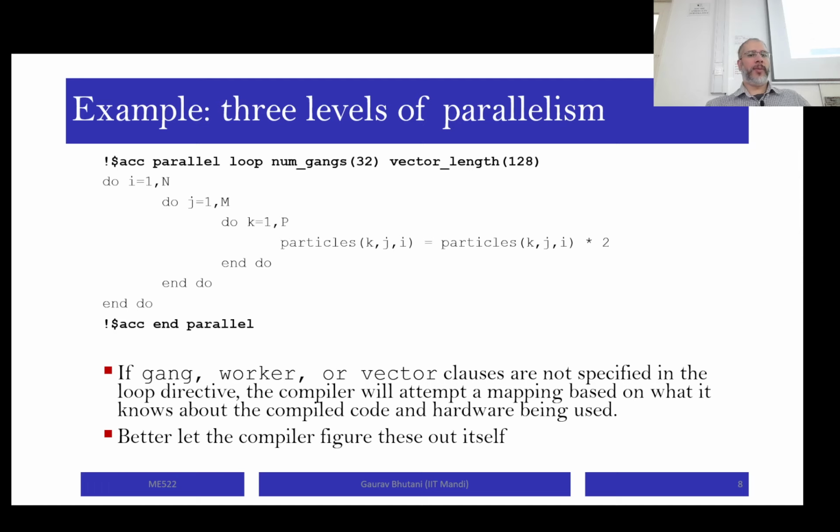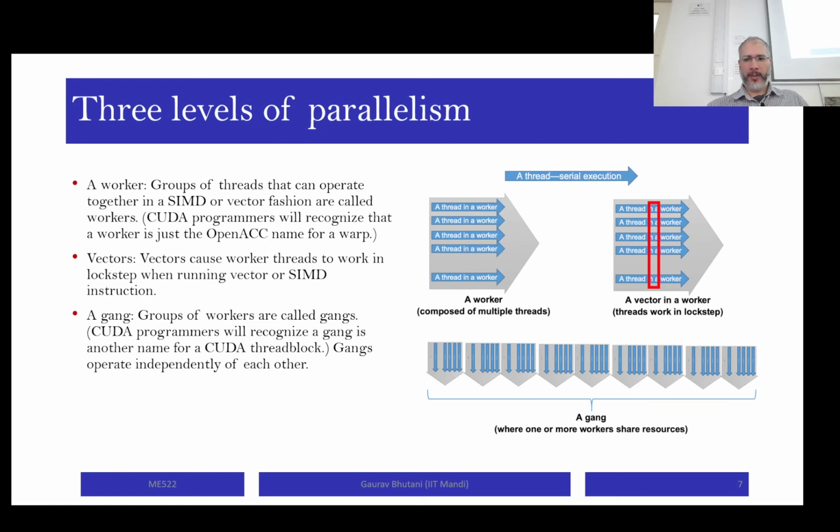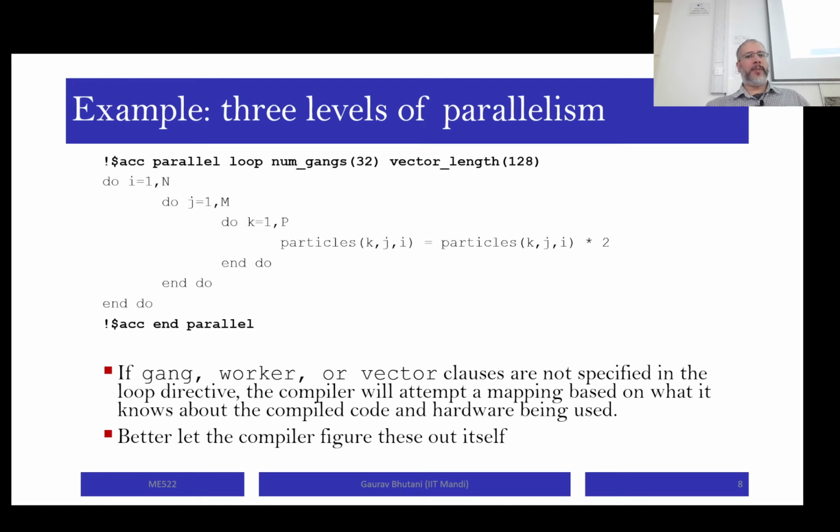So, very similar terminology. Like in CUDA, here also we can specify the number of threads per block and so on. The vector length is basically the number of threads per warp, and the number of gangs is the number of blocks you have. You can specify this information, or if you do not specify it, like we have been doing till now, the compiler automatically decides that.